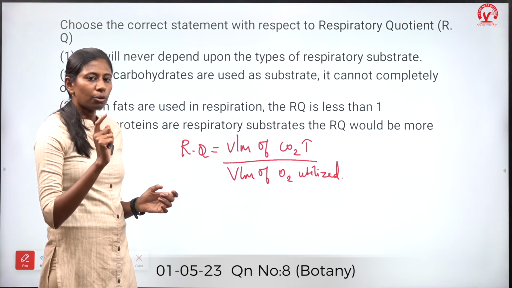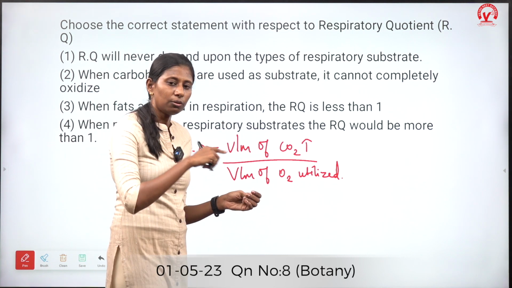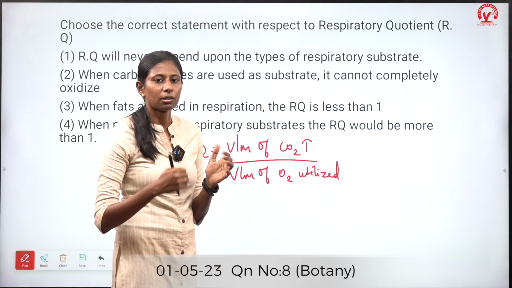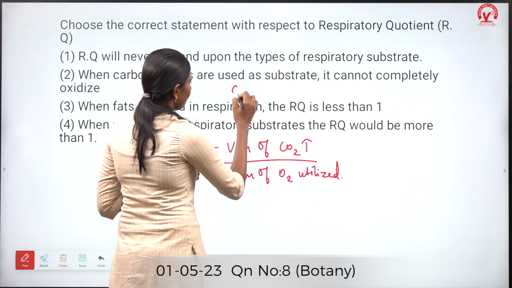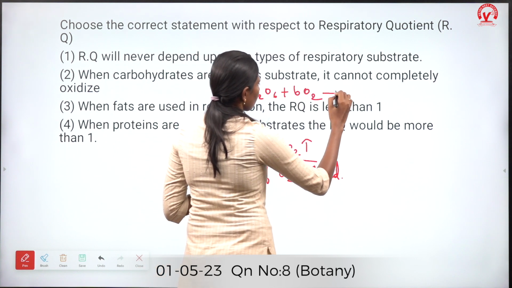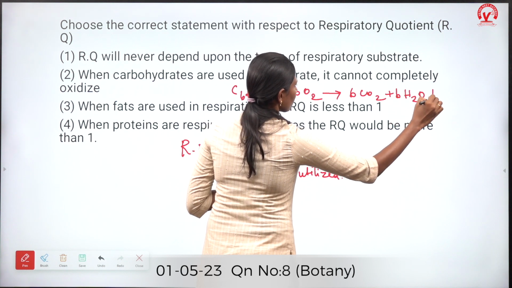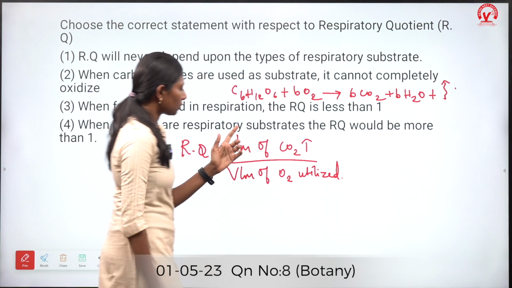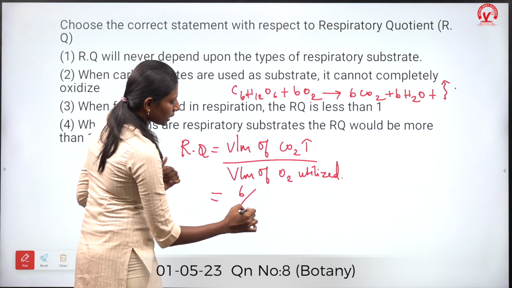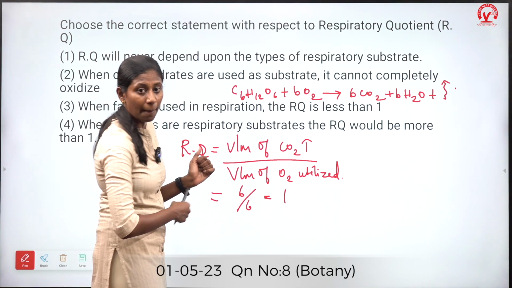For example, in photosynthesis, carbon dioxide combines with water, resulting in glucose. Respiration is the breakdown of glucose molecules, plus energy. Here the volume of carbon dioxide is 6 and the volume of oxygen is 6, so the value will be 1.